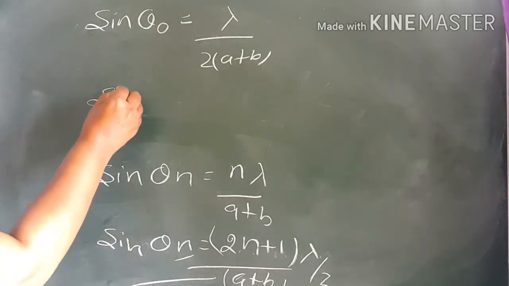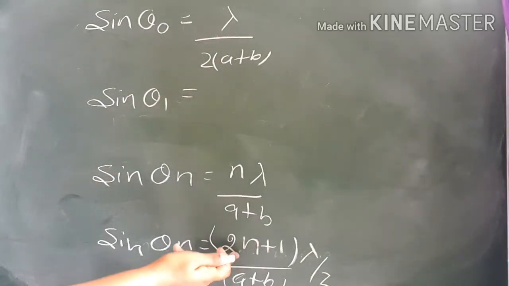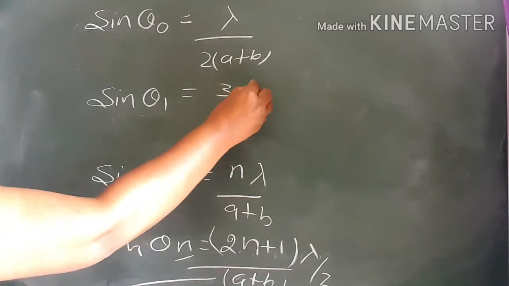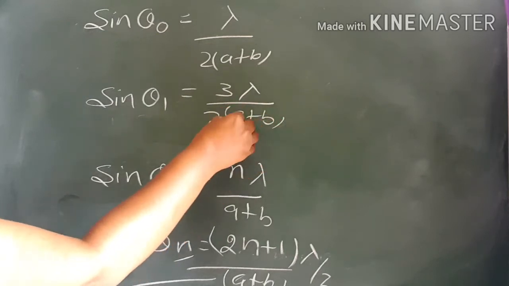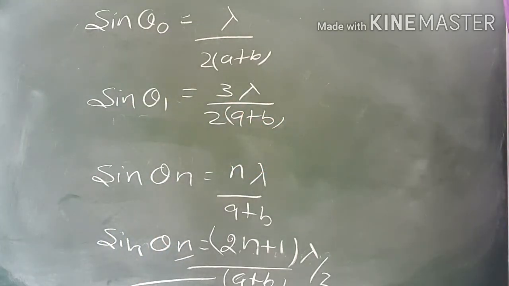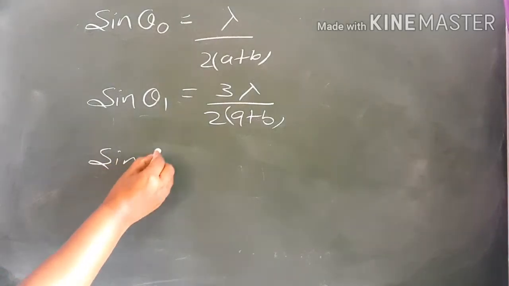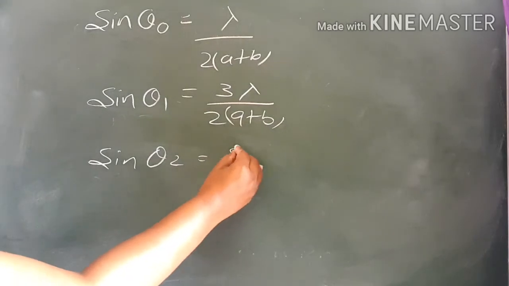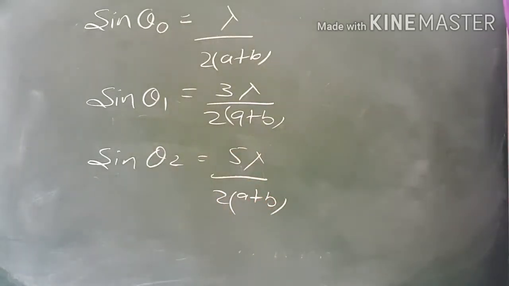And for sine theta 1, putting n is 1, this is 3 lambda by 2 into (a plus b). And sine theta 2 is equal to 5 lambda by 2 into (a plus b) and so on.